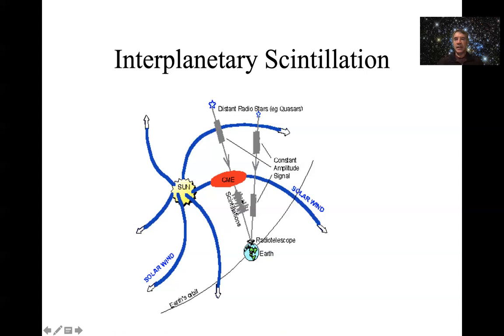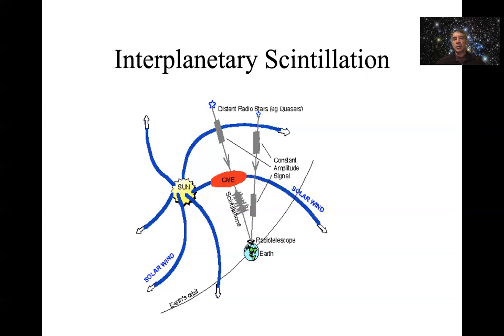This is analogous to the twinkling of stars that you see in the optical when you look up at the night sky with your naked eye. The turbulent plasma, with different densities and temperatures, has different refractive index, and so that refracts and scatters the radio waves different amounts as the turbulent cloud passes in front. That gives rise to this time variation of the signal.